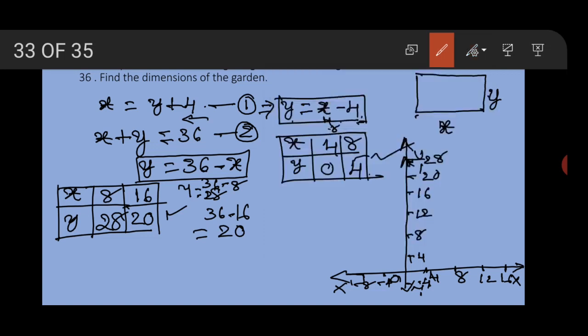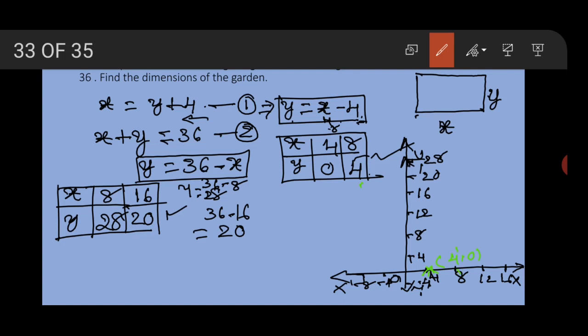Now to the first equation, if the value of x is equal to 4, what is the value of y? Y is equal to 0. If the value of x is equal to 4, value of y is equal to 0, means this point 4, 0.